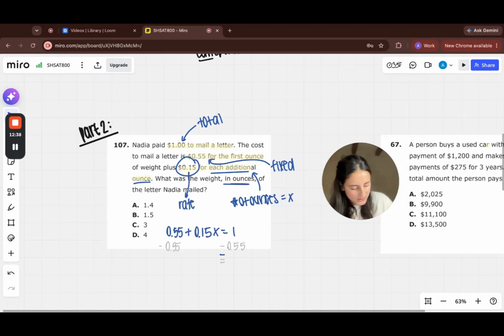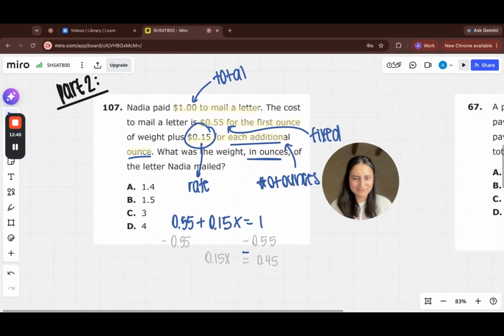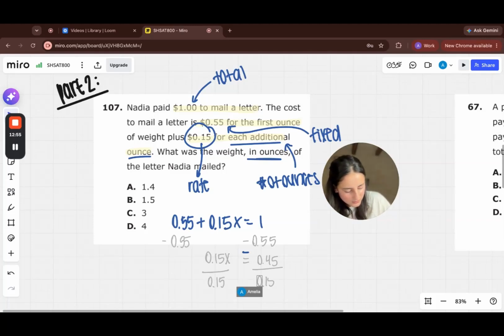And then we get 0.15x is equal to, I'll zoom up a little bit because I realize it can be hard to see from a distance, 0.15x is equal to 0.45, and then we're going to divide by 0.15. And then we get that x is equal to 3.